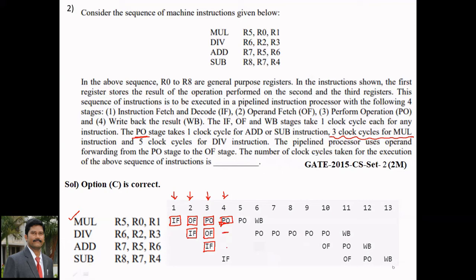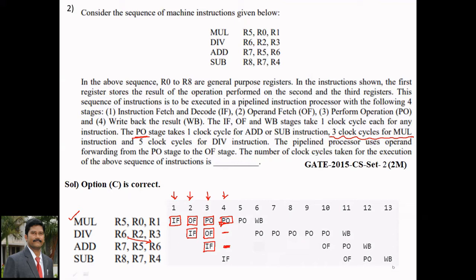And for the add instruction, the OF should not start because there is a data dependency here. Only after execution of this will the R6 result be available, so it is idle.